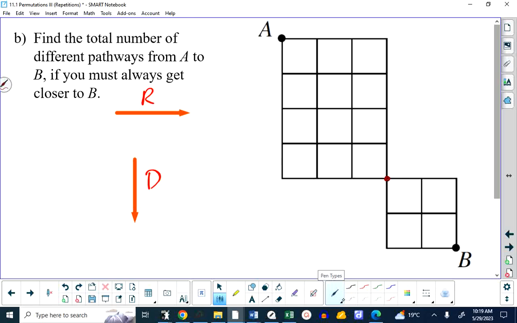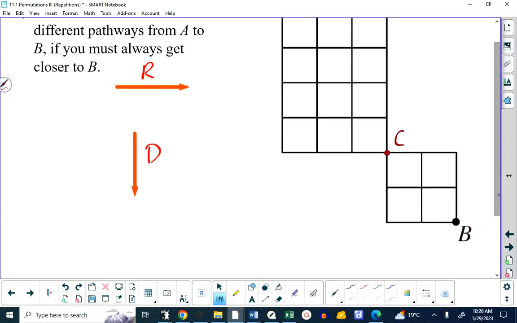What I have to say is I have to go from A to C and from C to B. This is the only way to solve this problem. So I need to go from A to C and C to B. And means times.